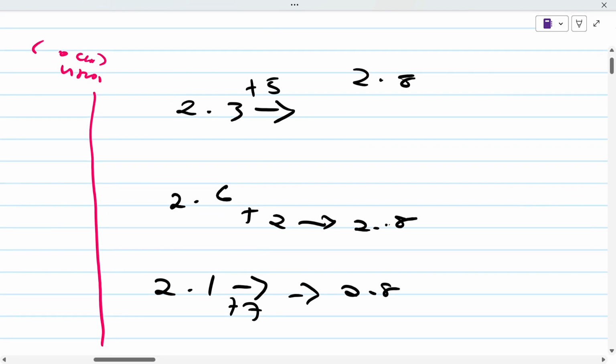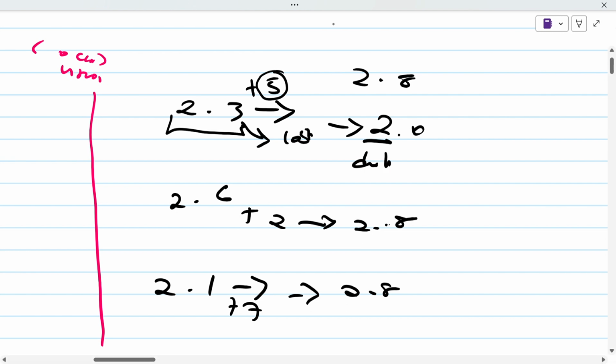So, under certain circumstances, an element that has 2-3 electronic configuration needs a lot of energy to gain 5 electrons. So, it will rather lose the 3 to have a 2-0 configuration, which is the duplet rule.